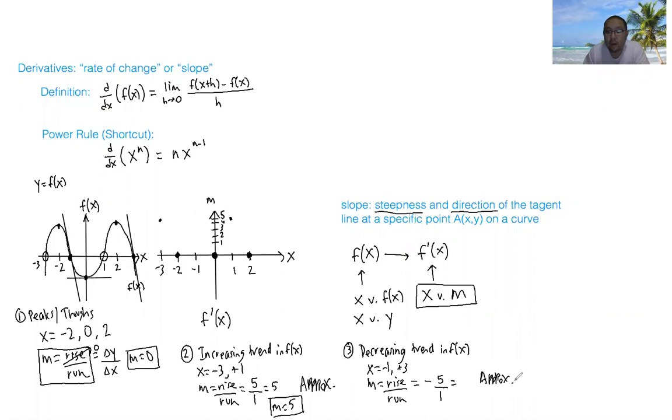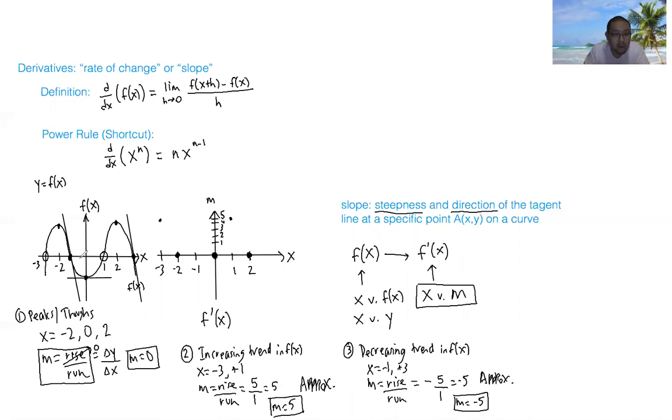Again, approximations will typically occur where your function is increasing and where your function is decreasing, because we already know that at peaks and troughs, your slope is 0. So in this case, we said that our approximation for the slope is -5. Now let's plot these points on our f prime of x curve.